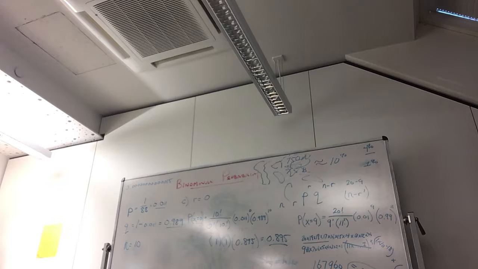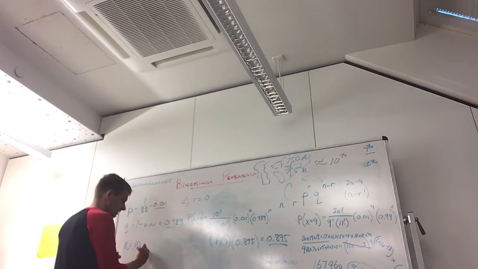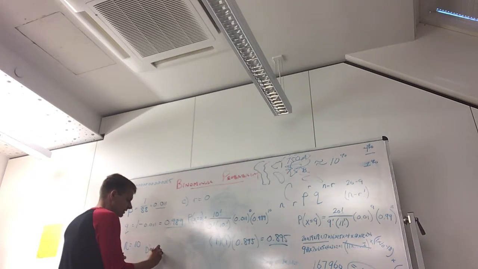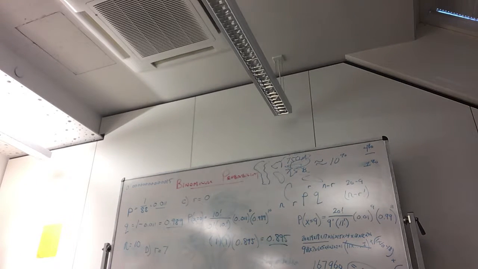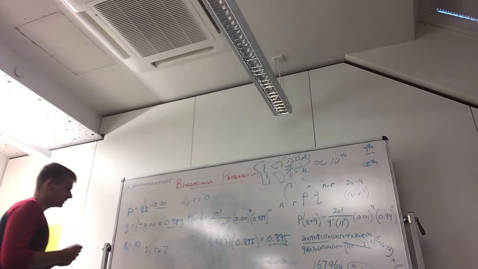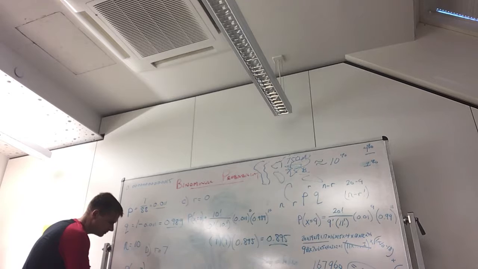Okay, so next, part D says, what is the probability that 7 out of 10 of those children have autism? So in this case, it'd be the probability that X is equal to 7.